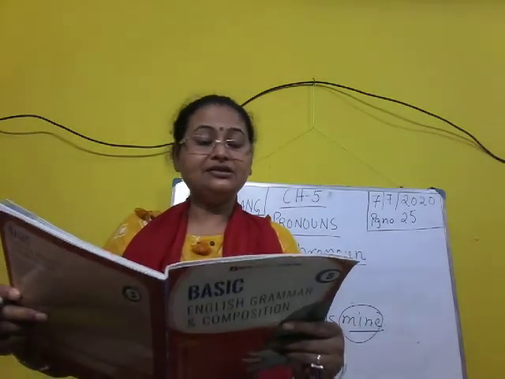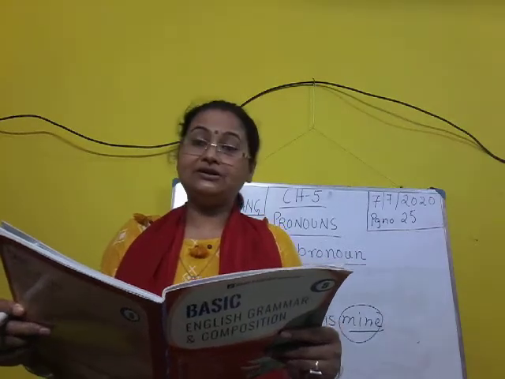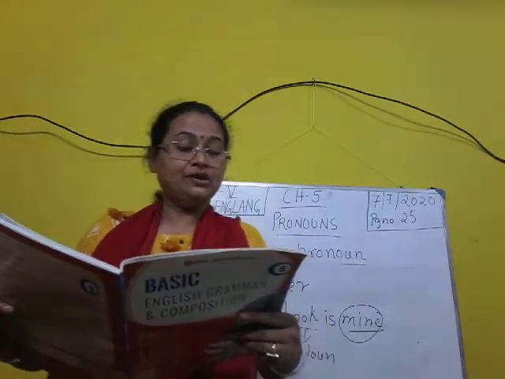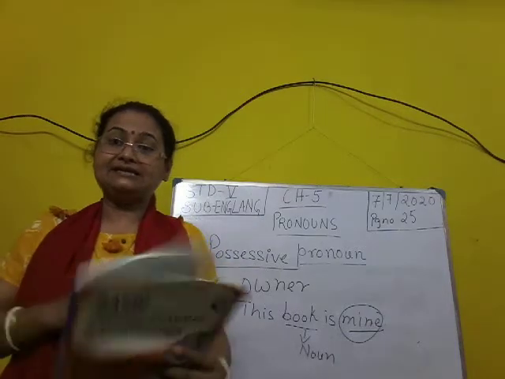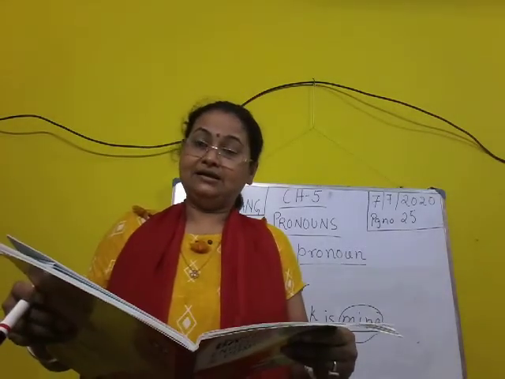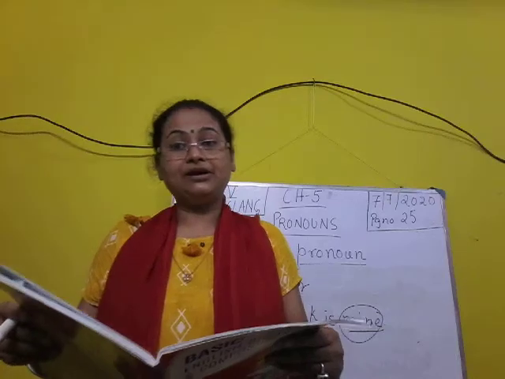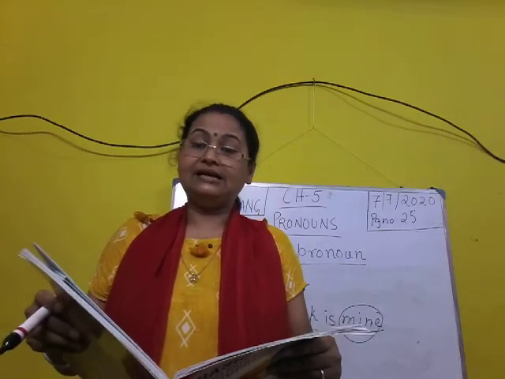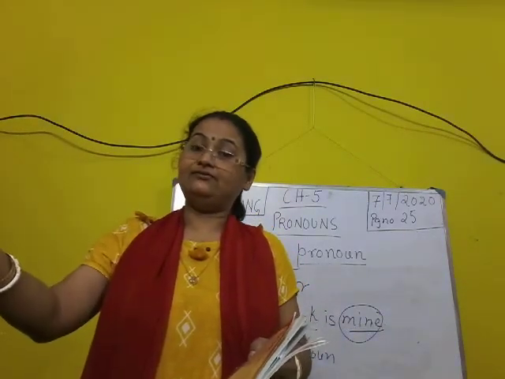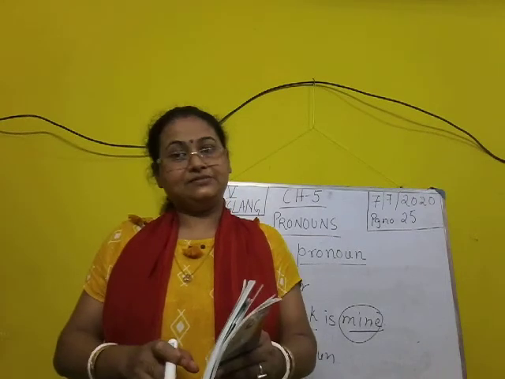And second person, yours, singular number also yours, plural also yours, isn't it? And third person, if I say this pen is his, isn't it? So his and hers, singular number. When I talk about a plural, then we'll say this pen is theirs, when there are more than one subject.